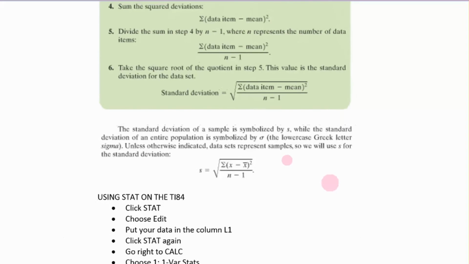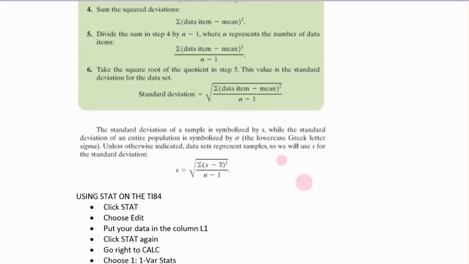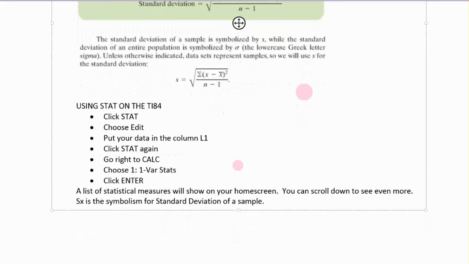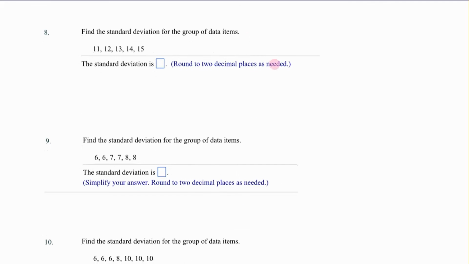So there's our formula. After we do this using these steps, then I'm going to show you how you can do it using the TI-84 grapher. All right, I've got to give myself plenty of workspace because this process is a little bit lengthy.